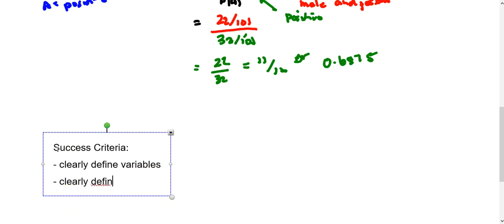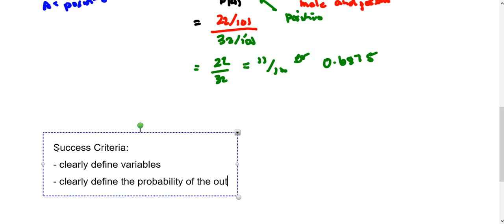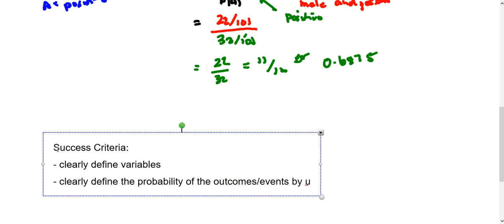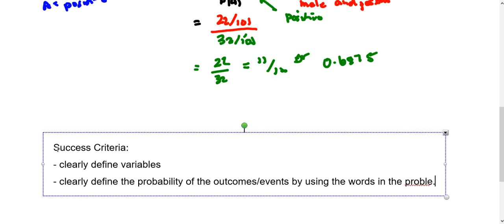Clearly define the probability of the outcomes or events by using the words in the problems. So go ahead and write on the question. That's going to help you clearly define those things.